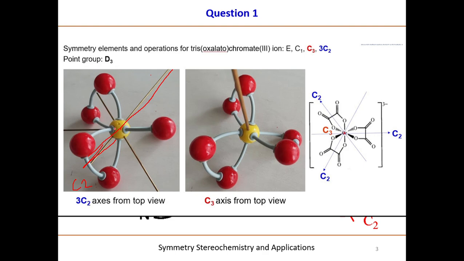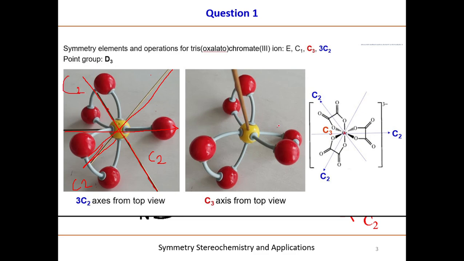Again, if you pass a C2 axis through the center atom and another ethylene diamine ligand, then again you will get the same indistinguishable image of the original one. And here this is the third C2 axis, as I have discussed earlier. There are 3 C2 axes.